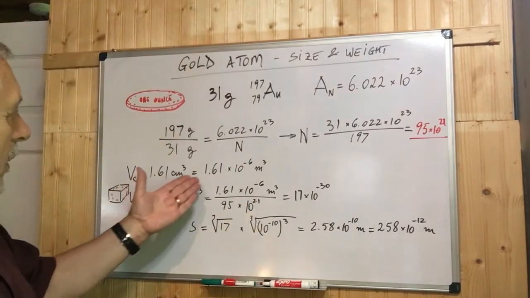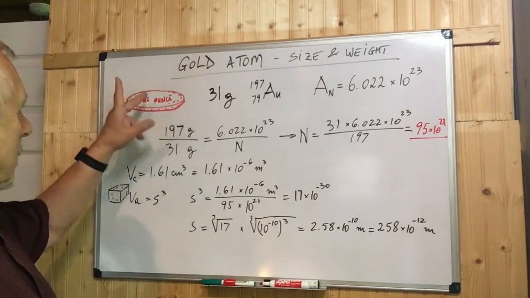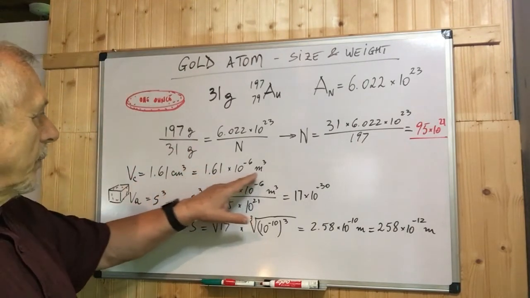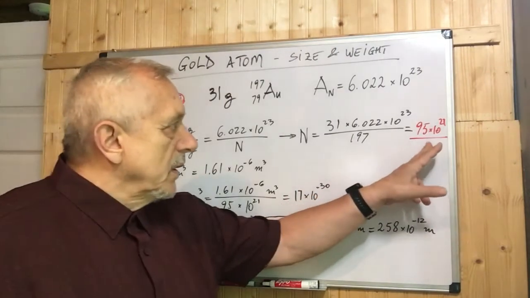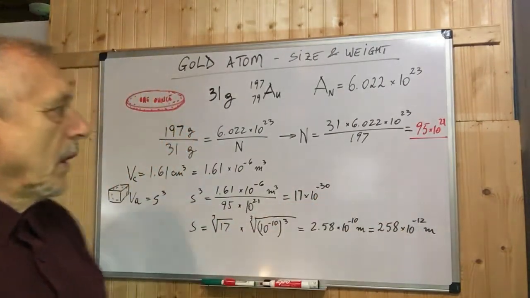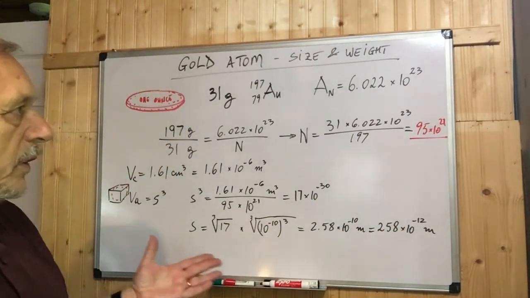Okay, so we know the volume of the coin, and we know that it contains this number of atoms. How can we find the volume of the atom?